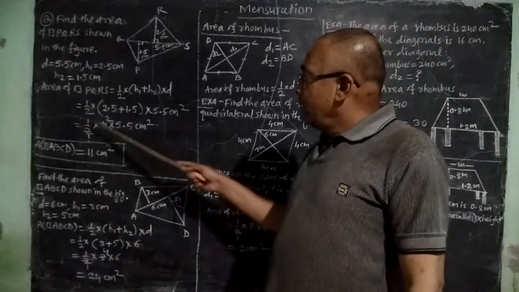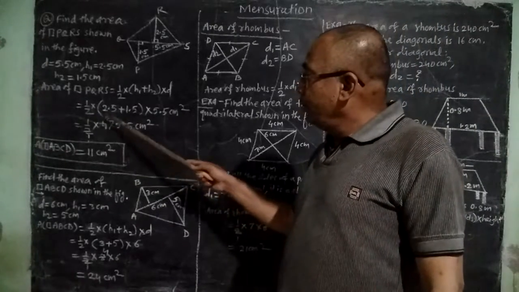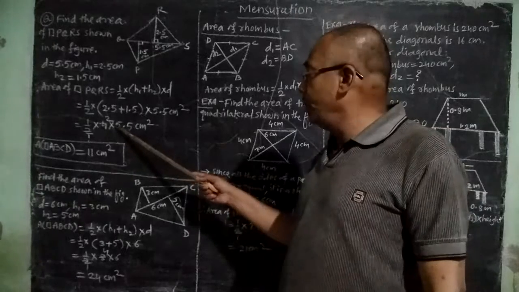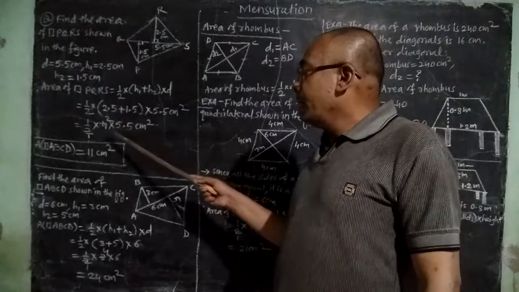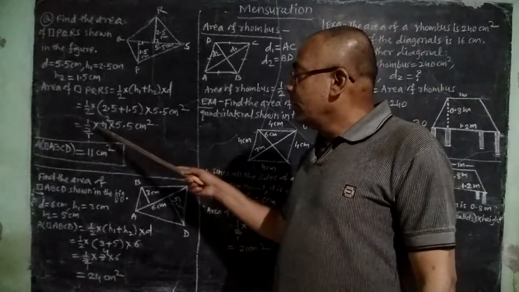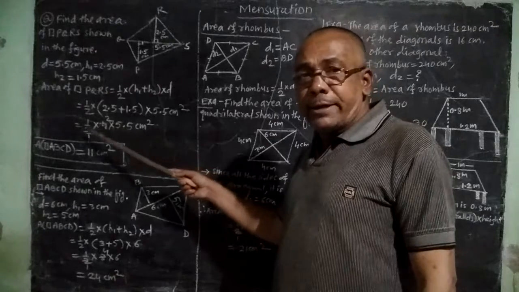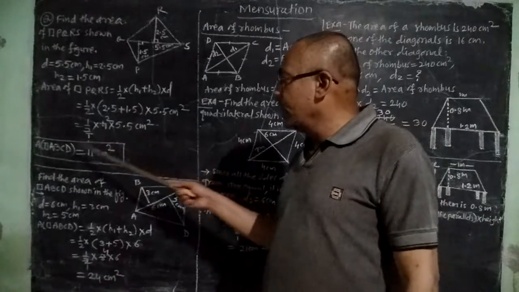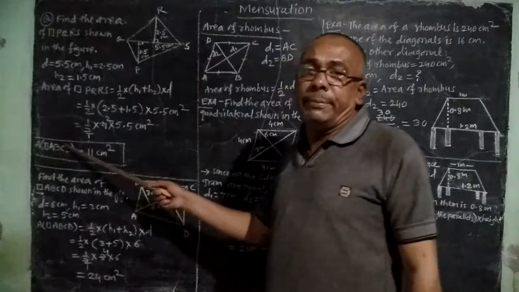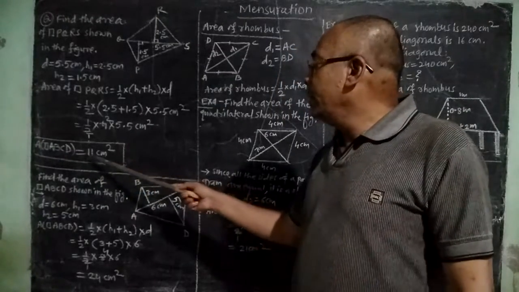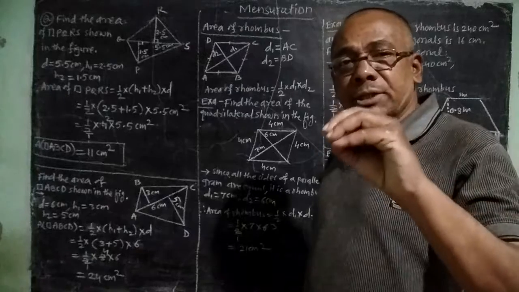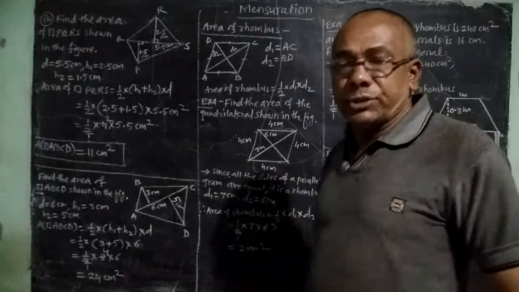Now 1/2 into (2.5 plus 1.5), it will be 4, into 5.5. By dividing 4 by 2, we get 2 into 5.5, and therefore area of the quadrilateral is equal to 11 centimeter square. So that is the answer of our first question.